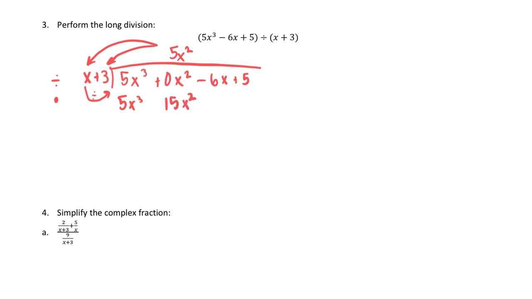Both of those are positive. We're going to make sure we change each thing's sign. And that becomes 0 for my x cubed terms. And 0x squared minus 15x squared is negative 15x squared. Then I'm going to bring down this negative 6x and bring down this plus 5.